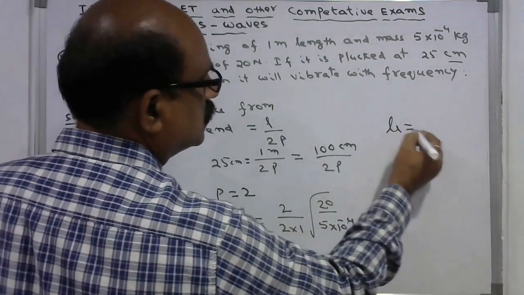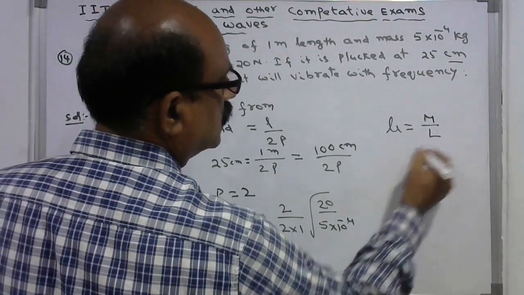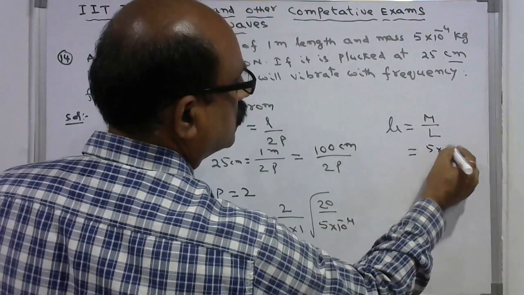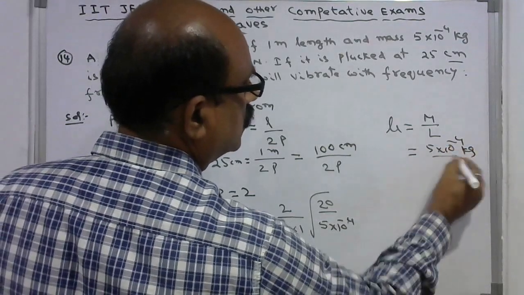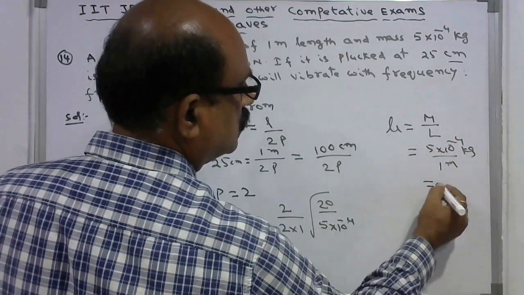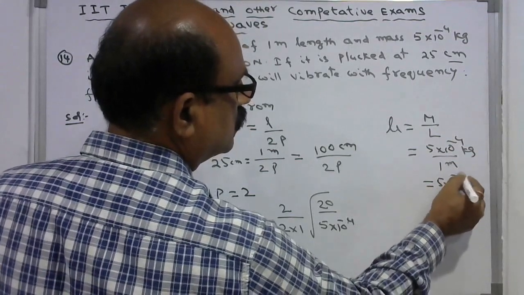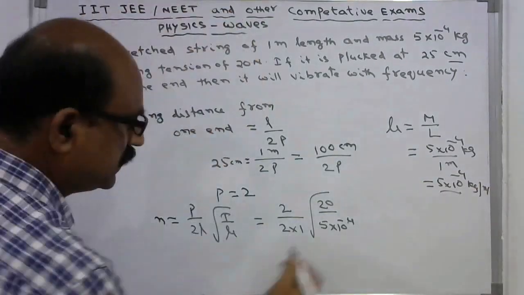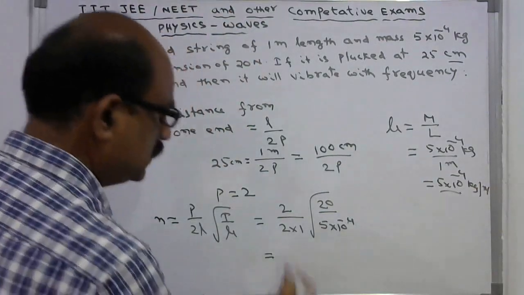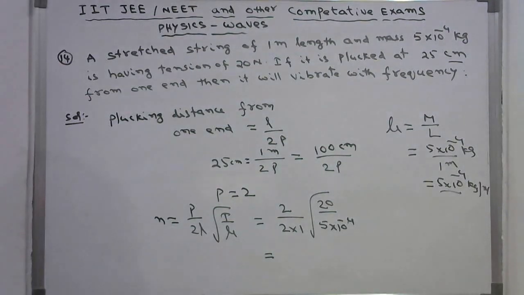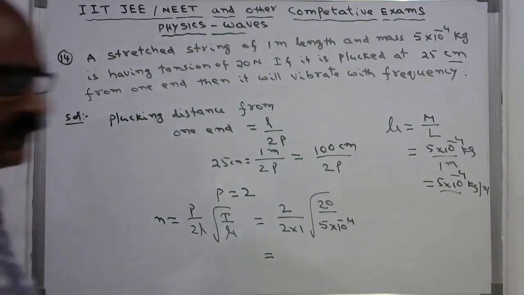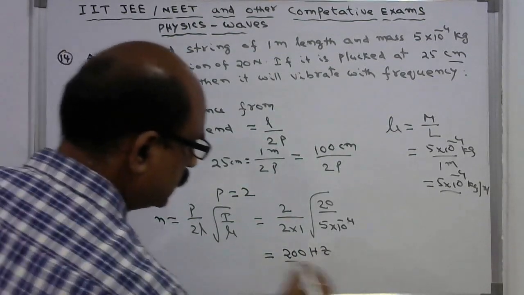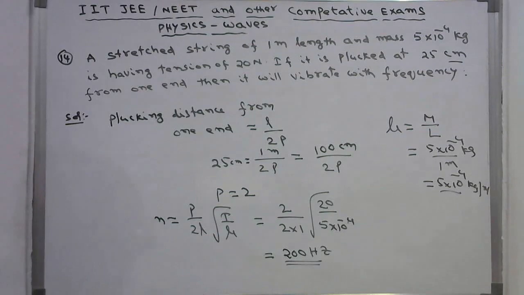So mu is equal to total mass by total length, 5 into 10 power of minus 4 kilogram by 1 meter. That is equal to 5 into 10 power of minus 4 kilogram per meter. So that is mu. Now after simplification you will get 200 Hz.